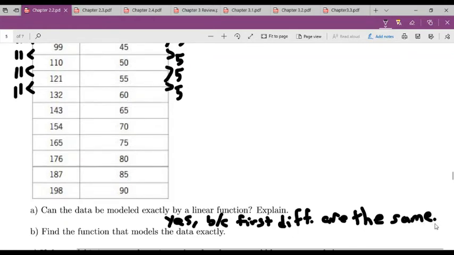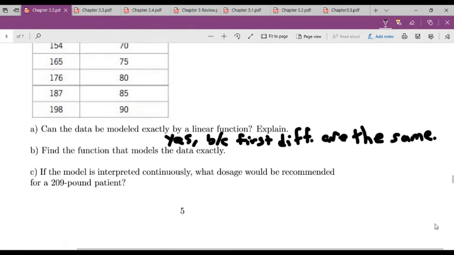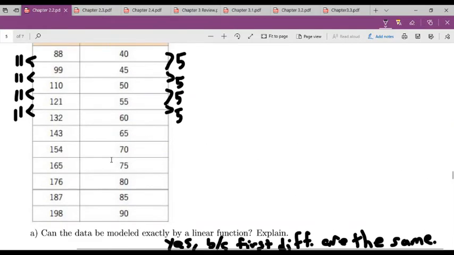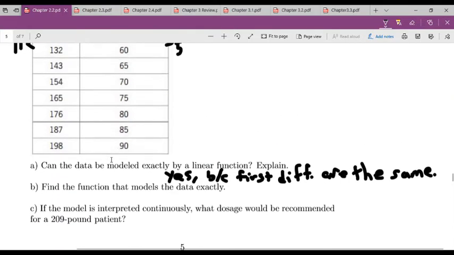So because our first differences are the same, we can model it exactly. So we need to find the function that models this data exactly. Now we can do it if we wanted to by hand, or we can use the calculator.